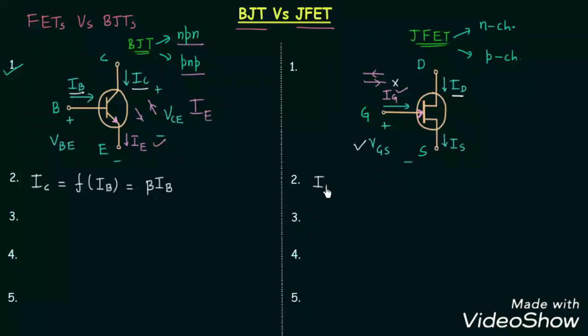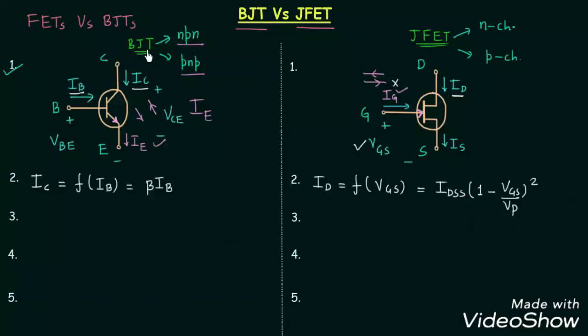The drain current, the output current, is a function of input voltage VGS, or we can write ID is equal to IDSS, the maximum drain current, times (1 minus VGS divided by VP) whole square, where VP is the pinch-off voltage.